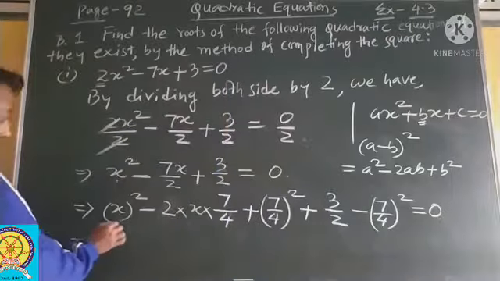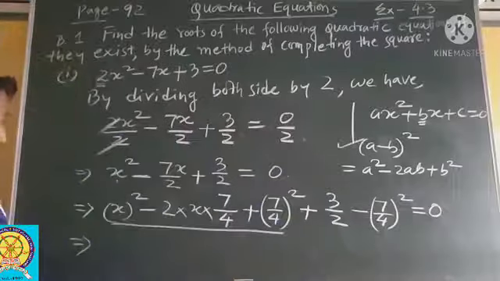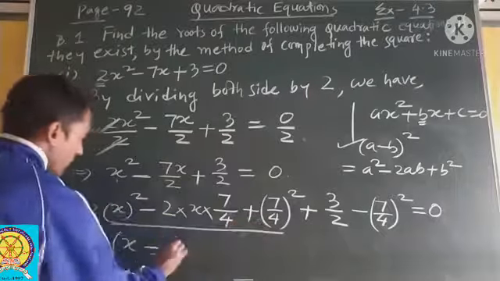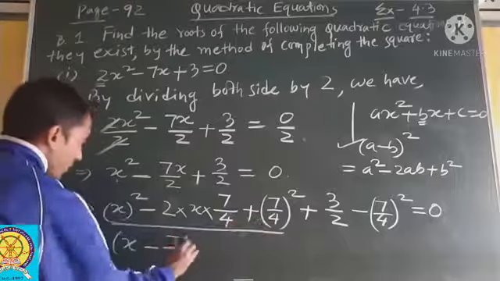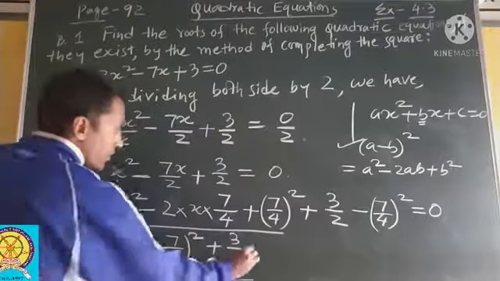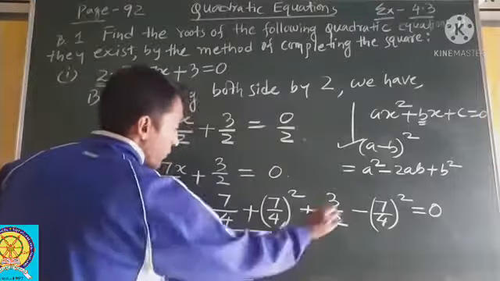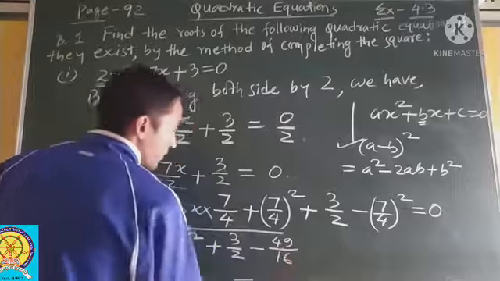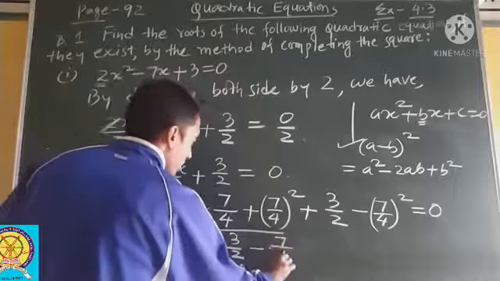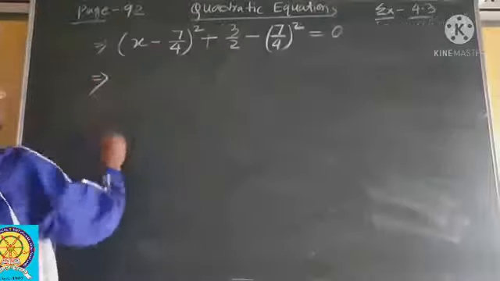Now as per the identity, from this part we will have what? a minus b whole square. Value of a here, how much? x. Value of b we have, how much? 7 by 4. So x minus 7 by 4 whole square plus 3 by 2 minus 7 squared is 49, 4 squared is 16, or you can write it in square form also, 7 by 4 whole square, is equal to 0.